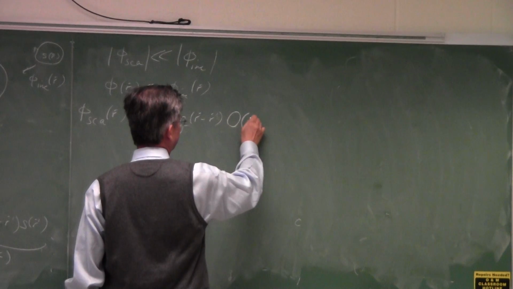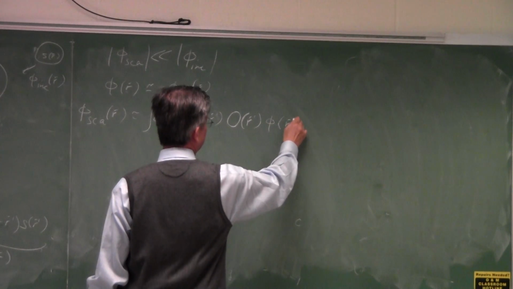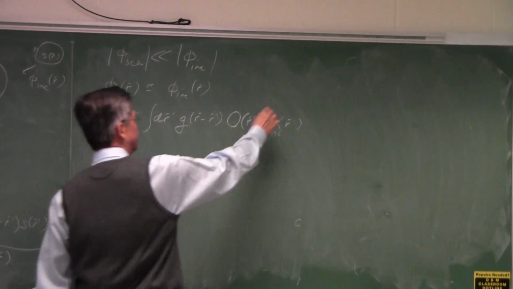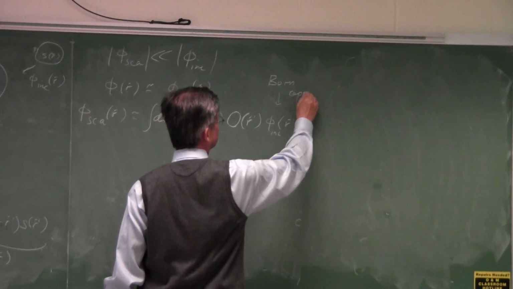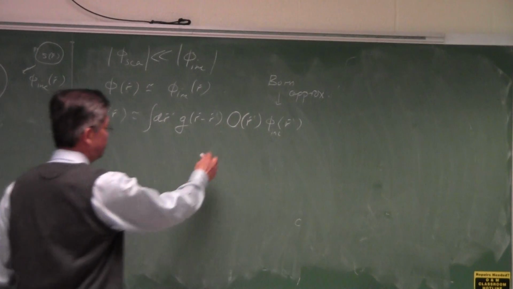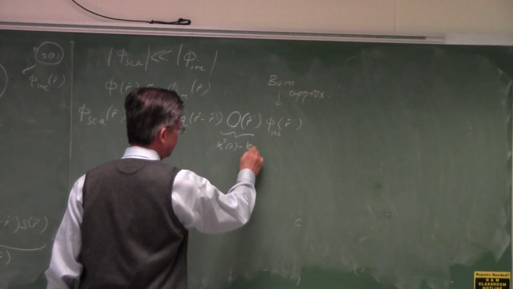Let me call this O of r prime times phi of r prime, and this has now been replaced by the incident field. This is called the Born approximation. And this O is actually k squared of r minus k naught squared.